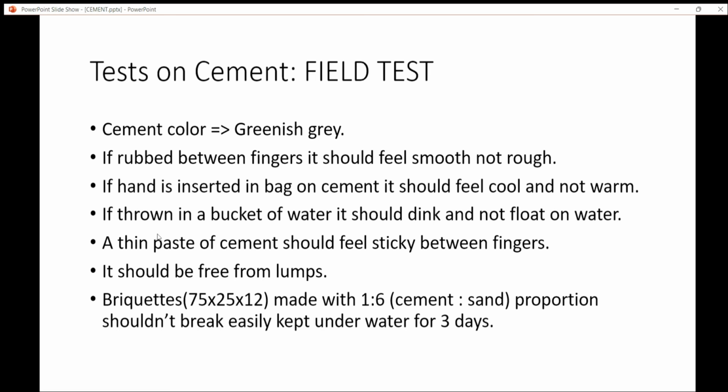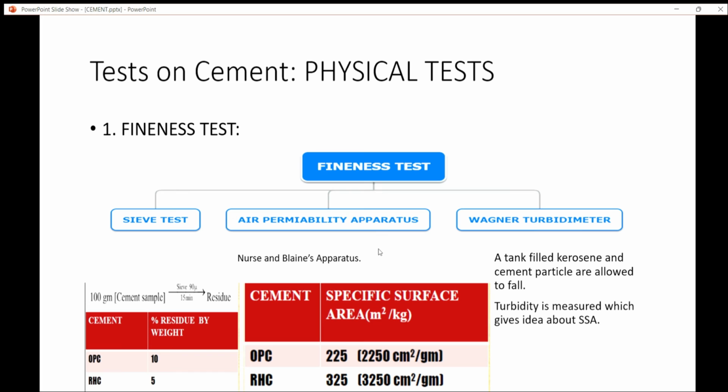A thin paste of cement should feel sticky between the fingers. It should be free from lumps. And if we make briquettes of cement and sand in the proportion 1:6, they should not break easily under water for 3 days.